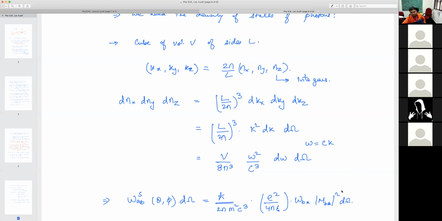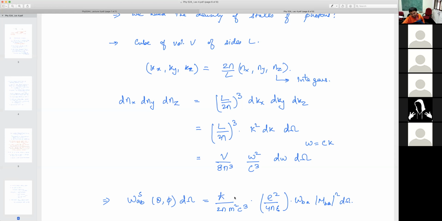So the MBA square will not be there. So this is omega BA, not WBA. So if I write it like that, then this is omega BA and this is MBA whole square. So which quantity here is polarization dependent?